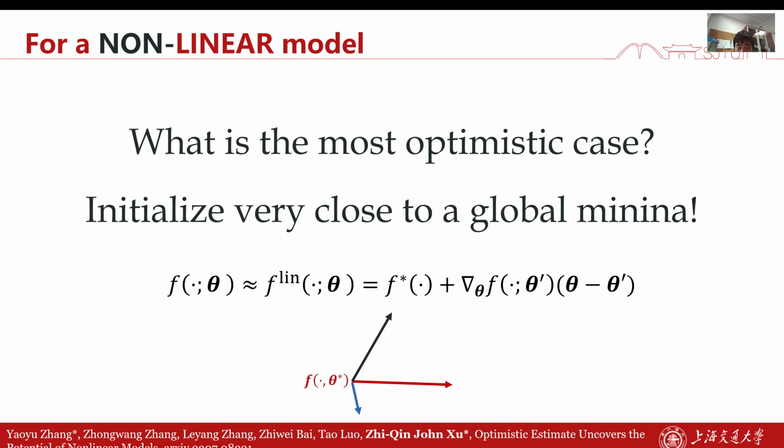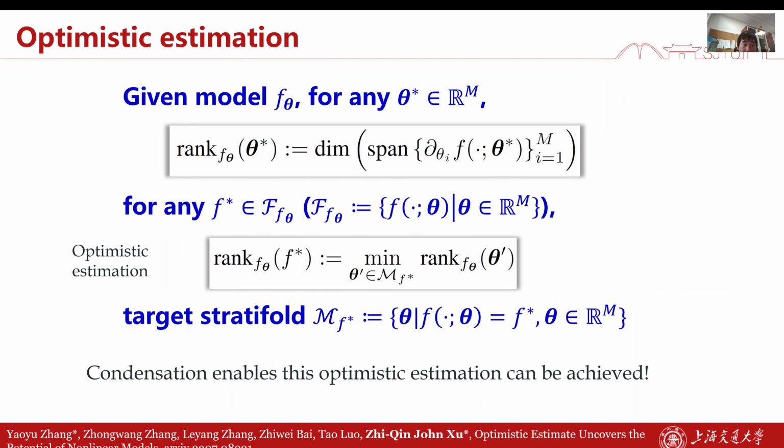So this tangent space is very important if we consider it this way. For a given model, we can get this tangent space by taking the gradient of the function with respect to the parameters, and each parameter will give you a direction. But some directions may overlap or be parallel, so we consider the dimension of their span. This is for any parameter.